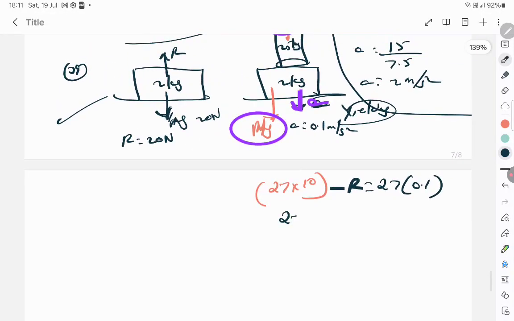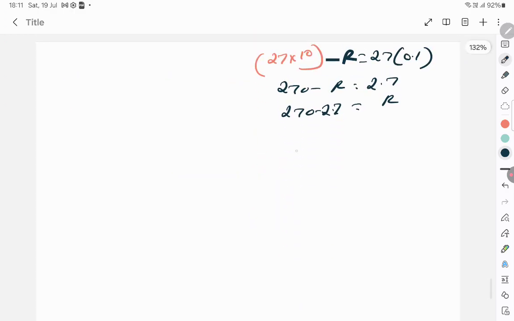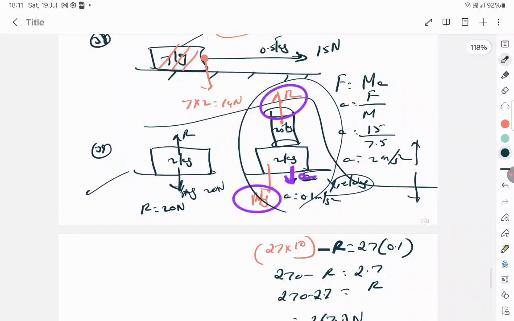So it's 270 minus R is equal to 2.7, and R is equal to 270 minus 2.7, because the downward force is greater than the upward force. So mg minus R is equal to the total mass into a. Here you have to take the total mass every time. So the value of this is 267.3 Newton.